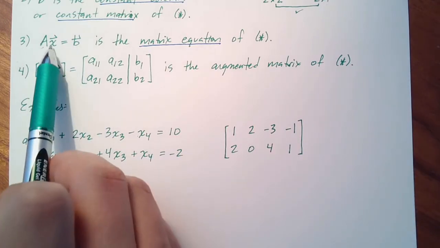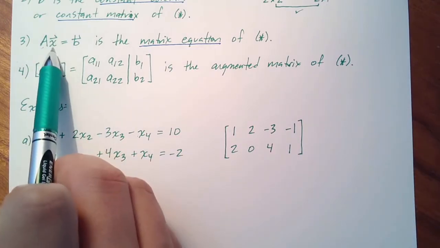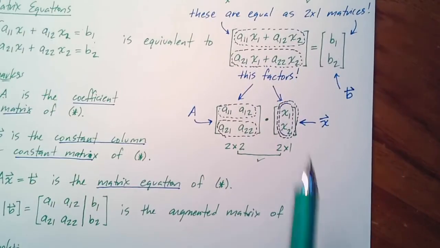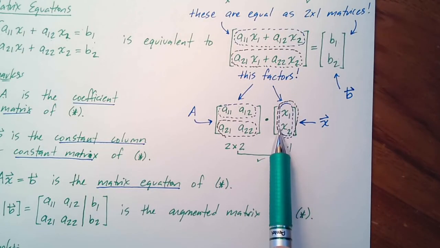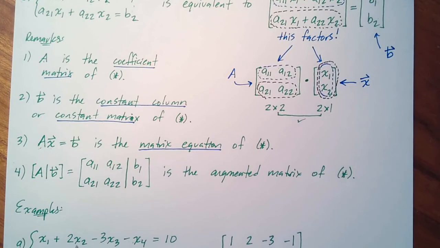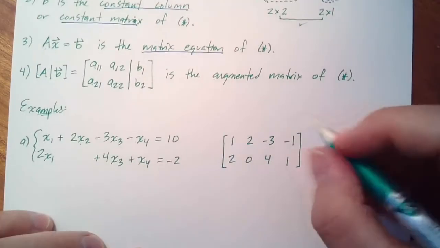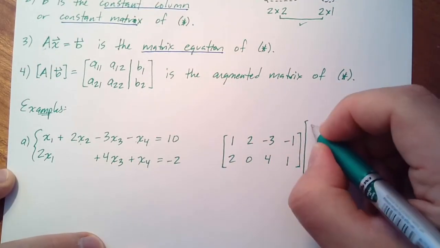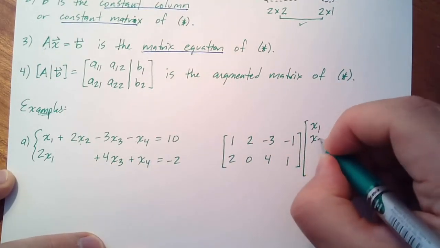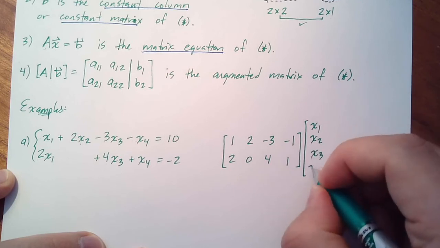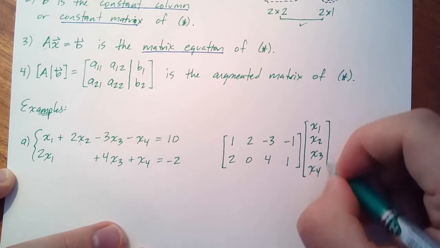What's next? Now I need to write my matrix of variables. And I'll do it the same way we did up here. Write it as a column matrix, but just list the variables in order. So you have x1, x2, x3, and x4. Here it'll be a little bit taller. x1, x2, x3, and x4.